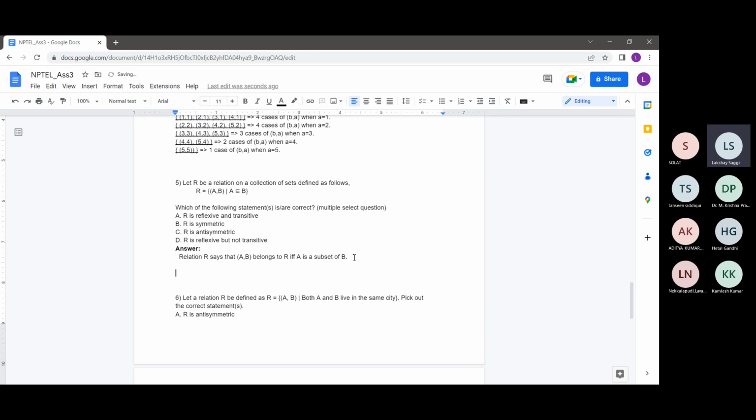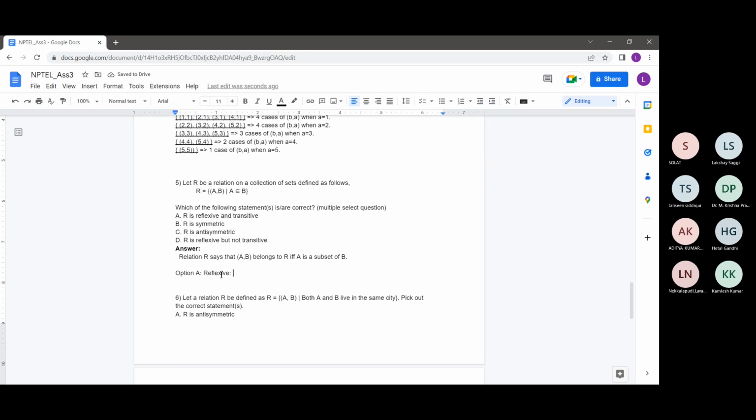So now we need to find which of the following options is correct. Let's just do it option by option. Option A says that R is reflexive and transitive. So do you guys think it's correct? Maybe I'll just start solving it. So what does reflexive mean?